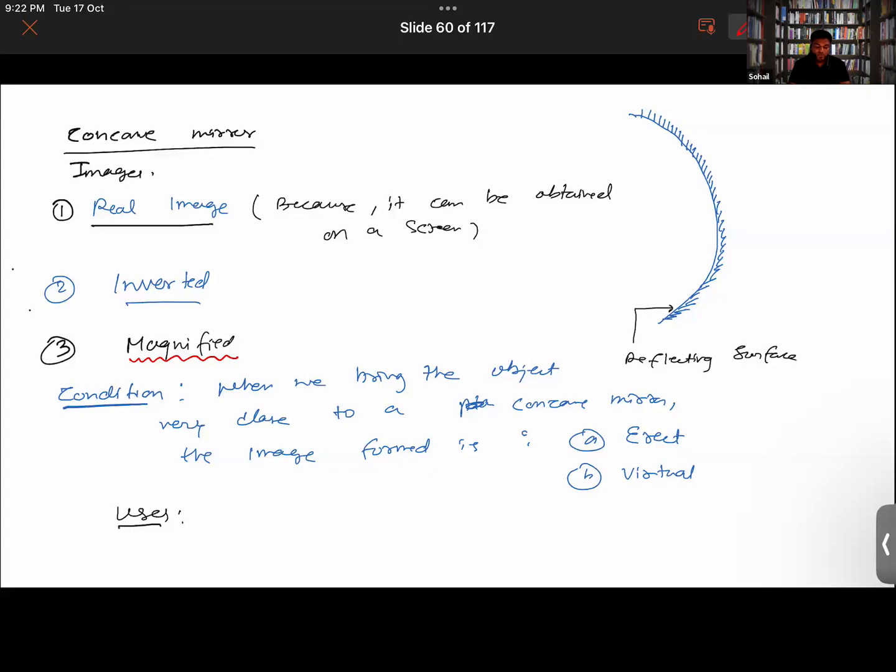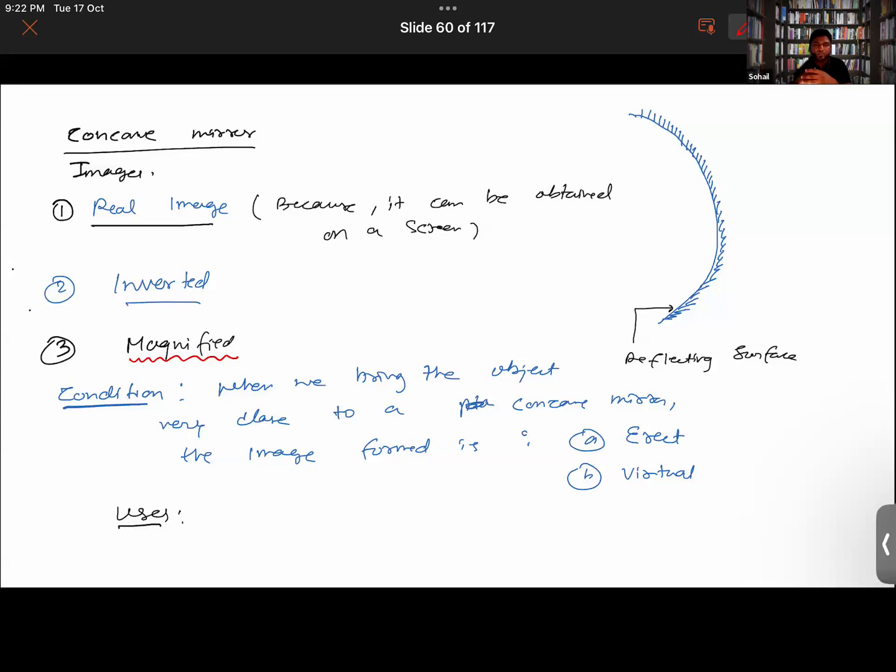Shaving mirrors are also concave mirrors. The magnifying glass is a convex lens, not a concave lens. The headlights of a vehicle are not actually a mirror, but have a concave-like shape.